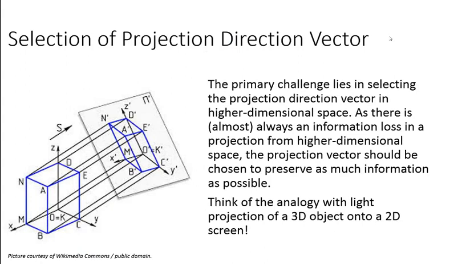In the analogy with the light, you want to position your light source in such a way that as much as possible of the object can be seen on the projection screen. And when you have a lot of variables in high-dimensional data, information in the PCA plot can be hidden by a large number of non-informative variables.